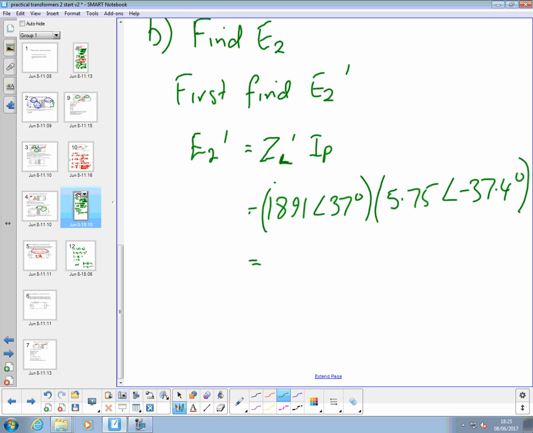In actual fact, if you carried all your rounding through, if you've done all these calculations exactly, those angles should cancel out. There should be no phase difference between primary and secondary voltage, they're in phase with each other. That's just rounding errors in those two angles.